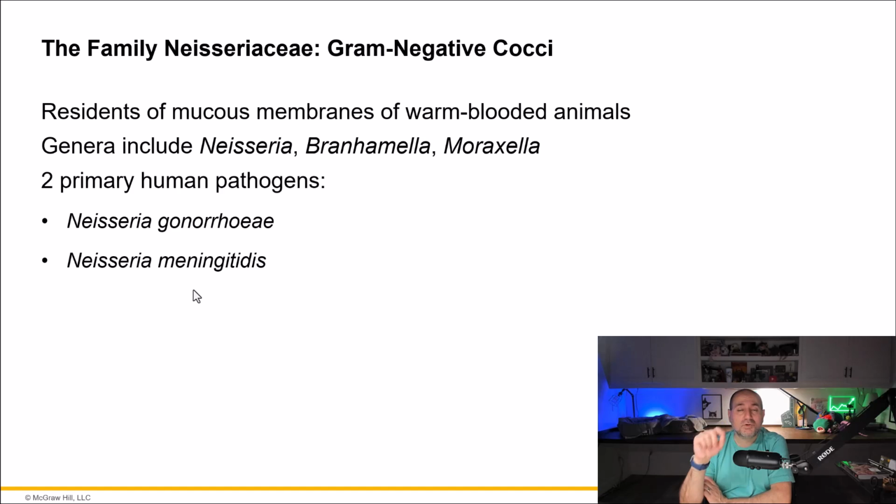Just like pneumonia isn't caused by just one bacteria, there's many different bacteria and even viruses that can cause meningitis, because that just means swelling and inflammation of the layers that wrap around the brain and the spinal cord, right? The meninges. So, again, you should know that Neisseria meningitidis is not the only cause of meningitis, but it's a common cause of meningitis. And it's a common cause in young adults.